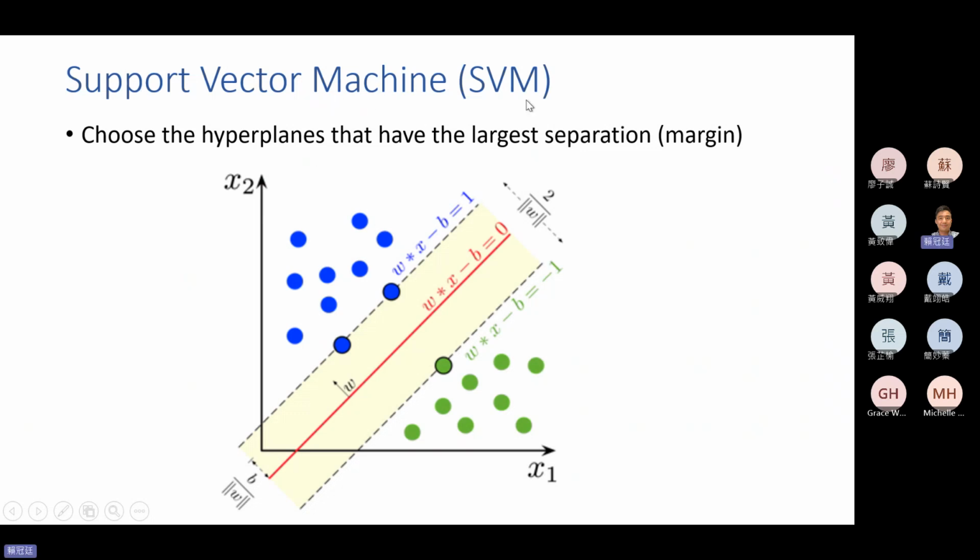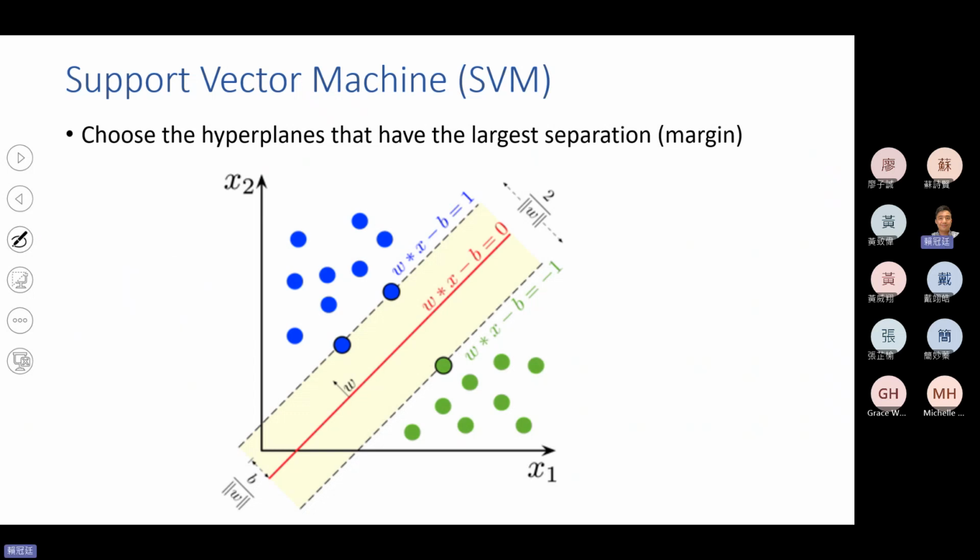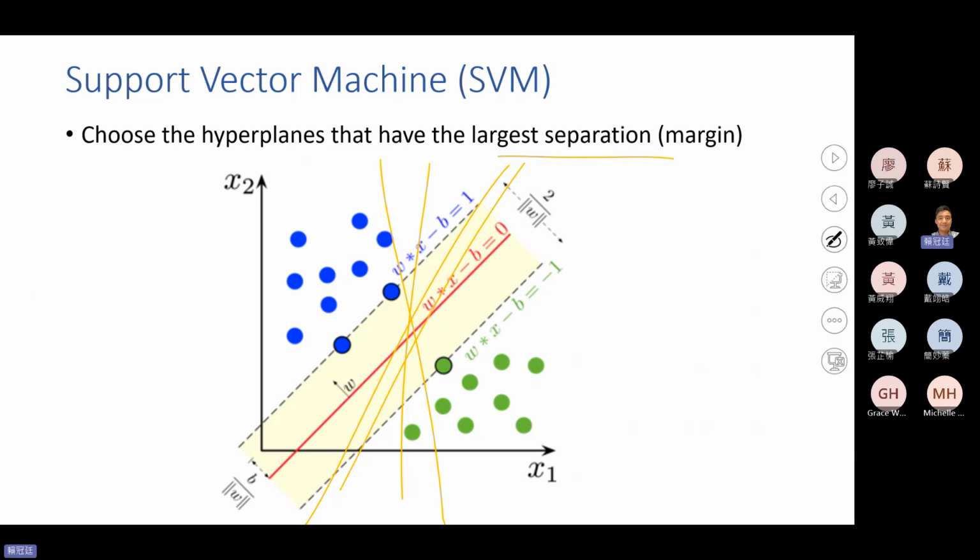So the support vector machine says which is the best line to separate data. In this example, as you can see, we can have multiple possible lines to separate the data. There are multiple possible hyperplanes to separate data. Which one is the best? So SVM says the one with the largest separation, the largest margin between those two data sets, is the best plane that we can use.